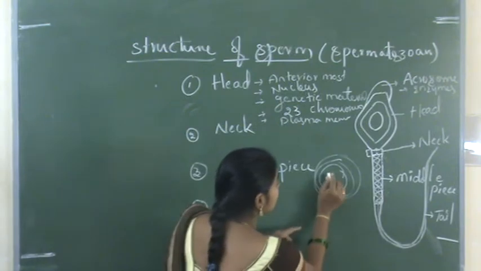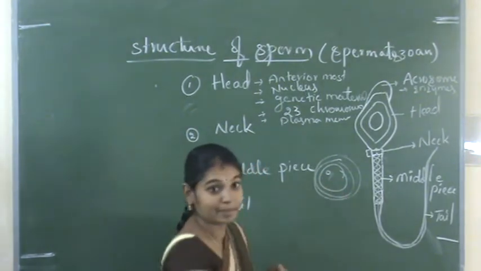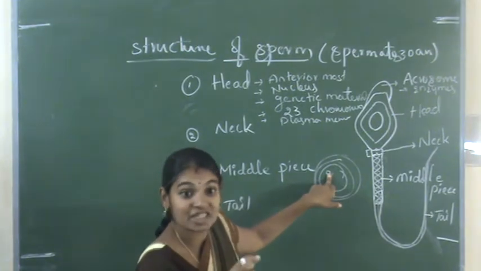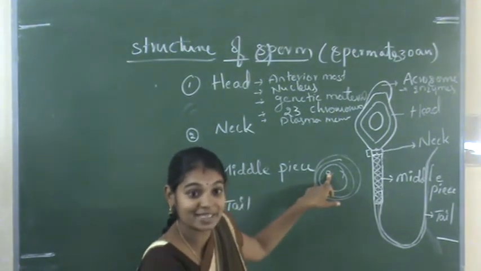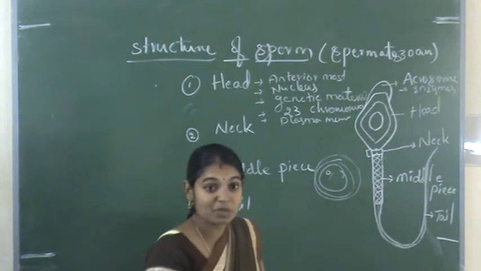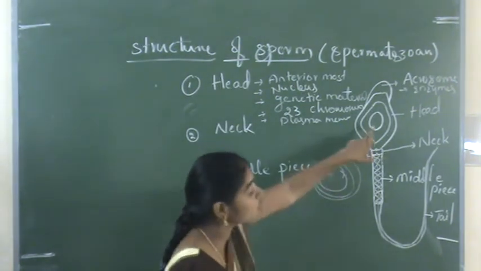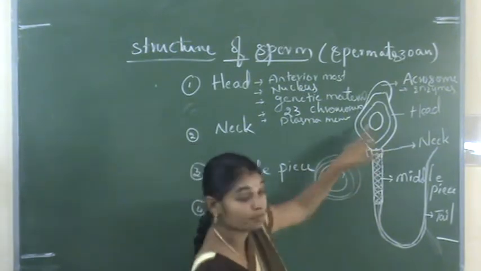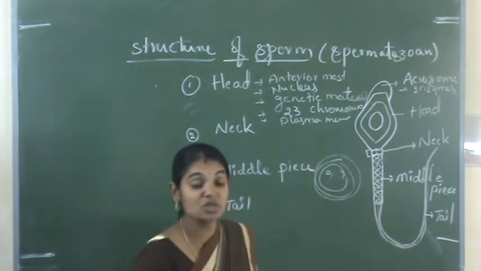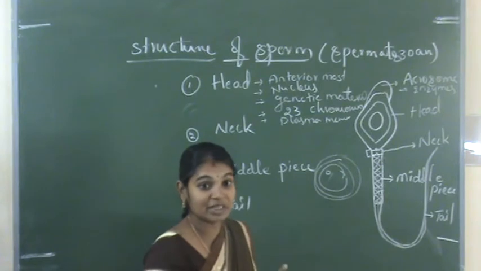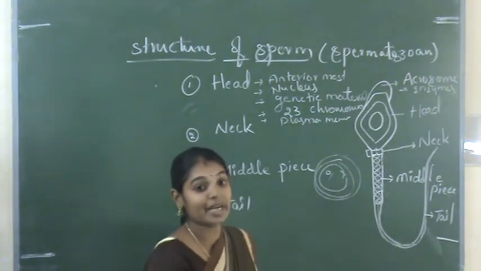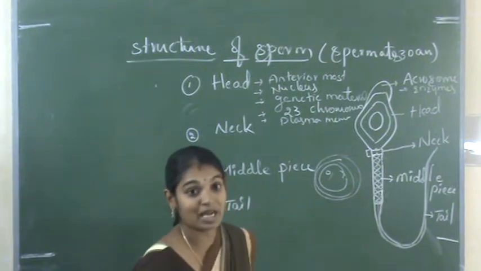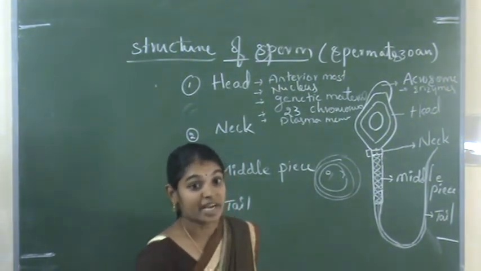Here is the nucleus of the egg. What is fertilization? It is the cytoplasmic combination of the two cells, and mainly the nuclei have to fuse with each other. Only then do the chromosomes unite: 23 plus 23, so 46 chromosomes will appear in the zygote.